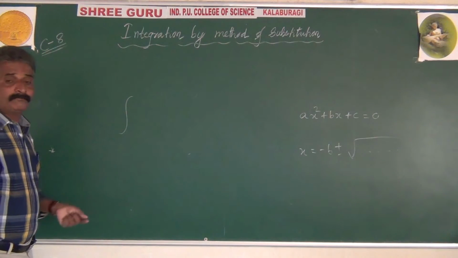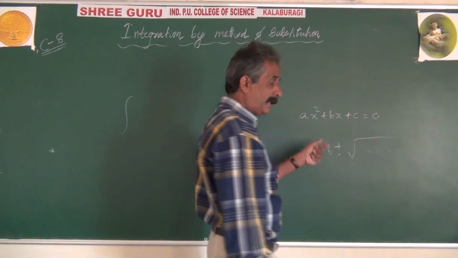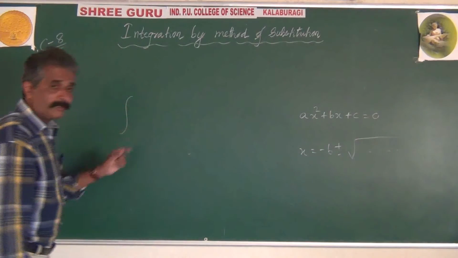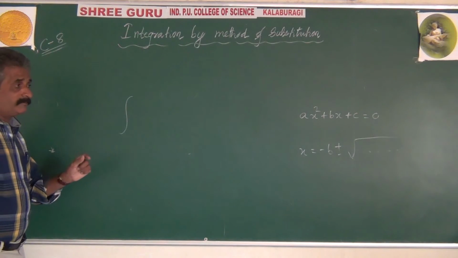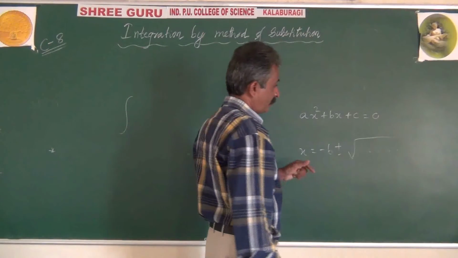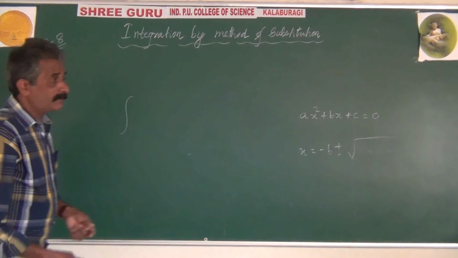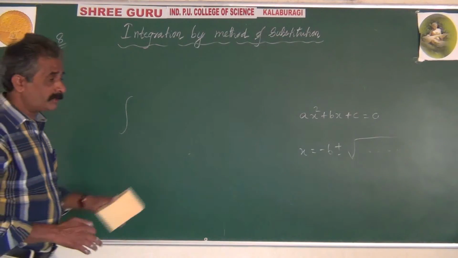That means an alternate method to solve a quadratic equation. Likewise, here when we are unable to use either the type 1 or type 2 method, we need to employ the method of substitution. Let's see what that method of substitution says.